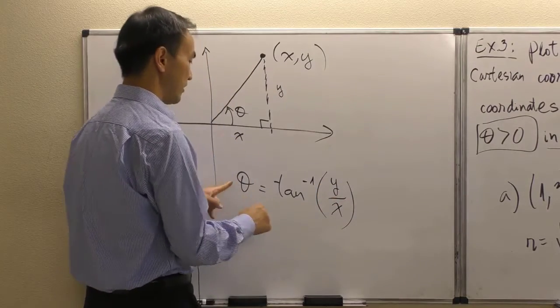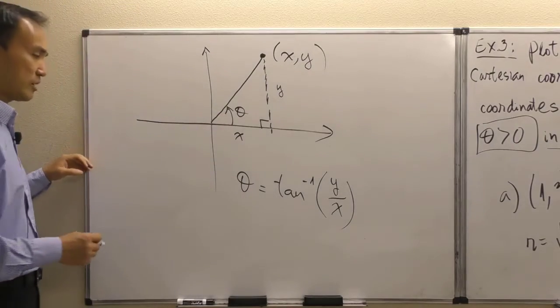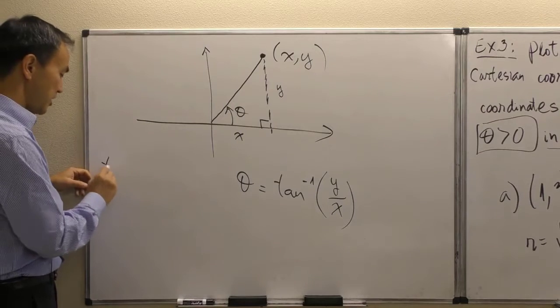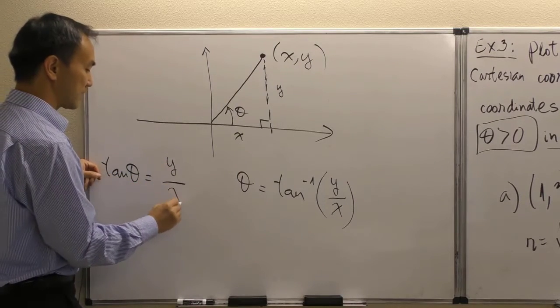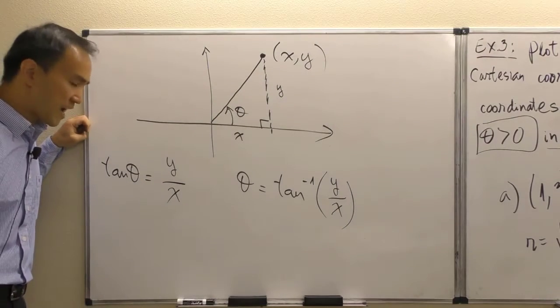That is going to give us how much angle that is. Simply because from past understanding in trigonometry, tangent of theta will always equal y over x. Tangent theta is y over x.